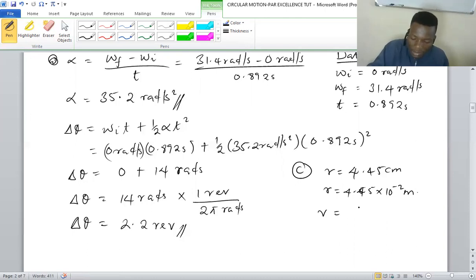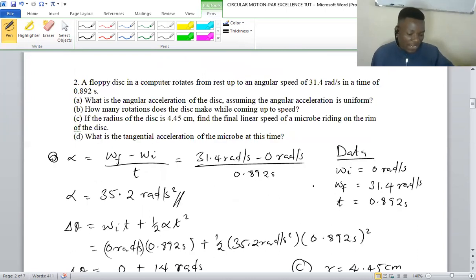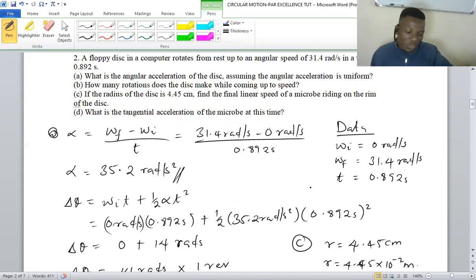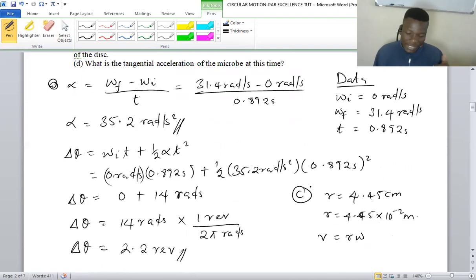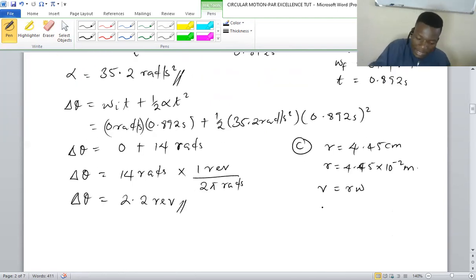And then we know that linear velocity is basically the radius times the angular speed. We've been asked to find the final linear speed of the microbe. So we take the final angular speed, which we have been given to be 31.4 radian per second, and then we multiply it by the radius, 4.45 by 10 to the power negative 2 meters.